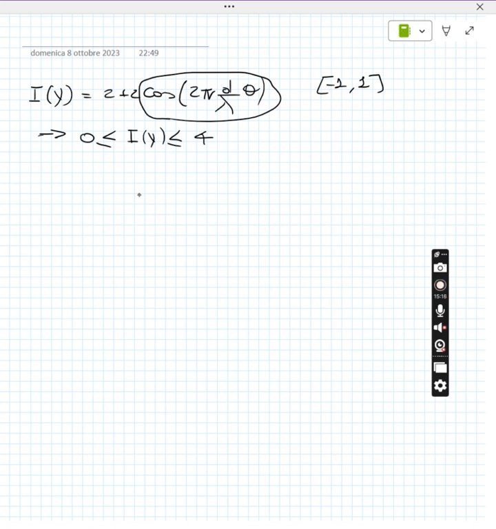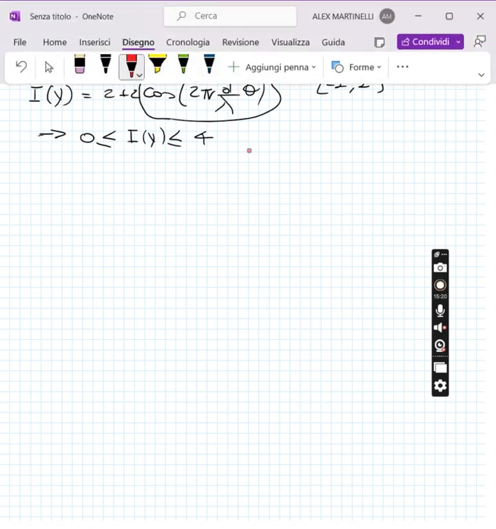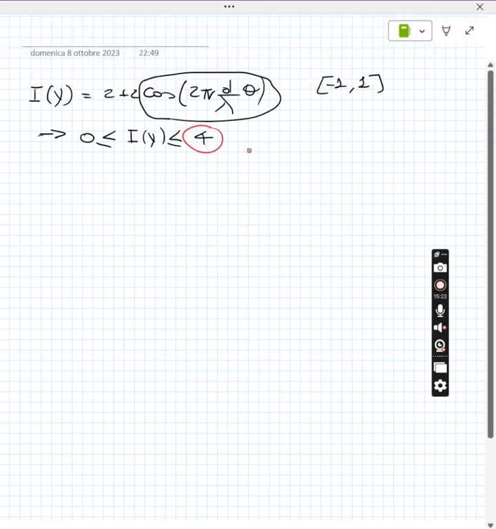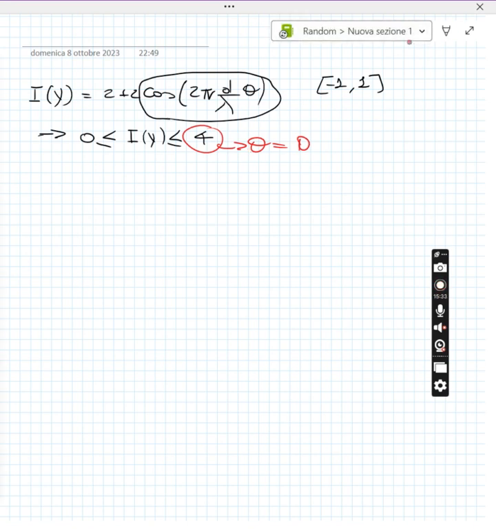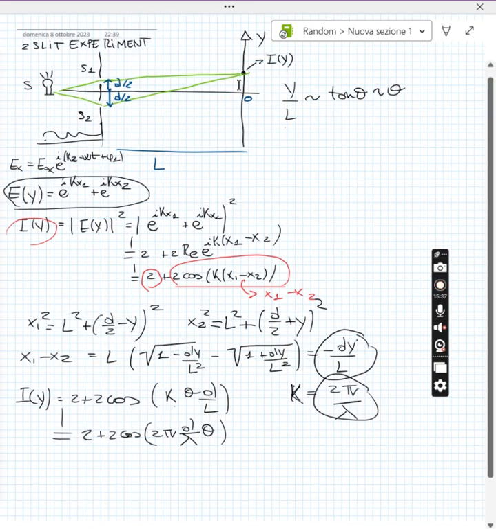Okay, and in particular, you can see that we get the maximum intensity at theta equals 0. So at center, okay, we define the picture like this.